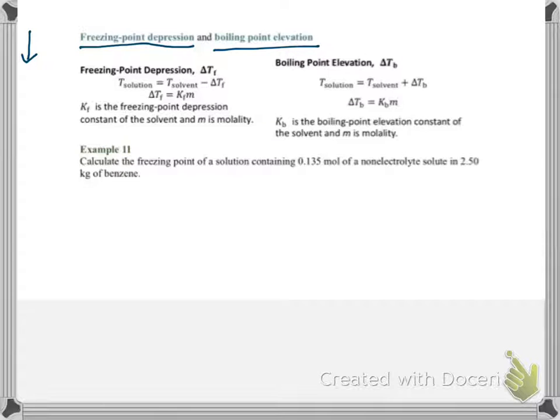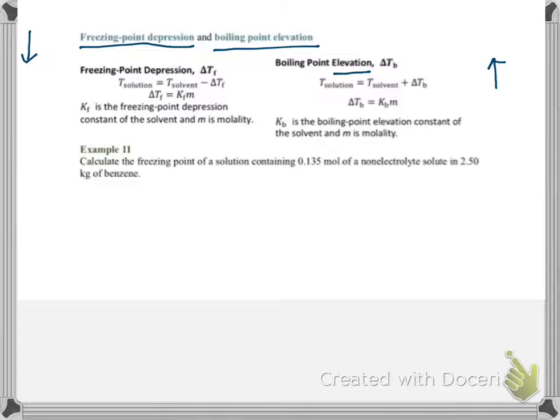In the case of boiling point, as we see the word elevation, by adding solute particles, you elevate the boiling point of the solvent. And it should be obvious, because if we are lowering the vapor pressure, that means the boiling point of the solution will be higher.